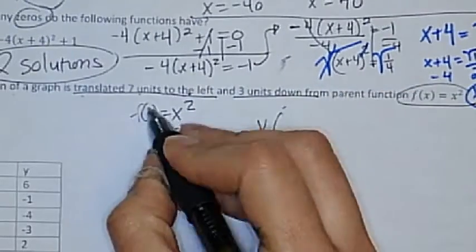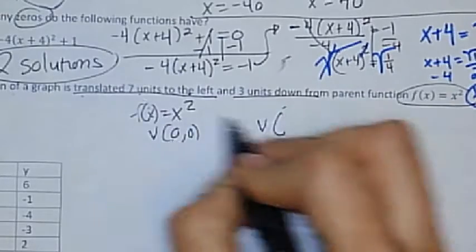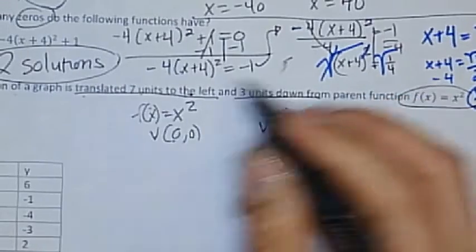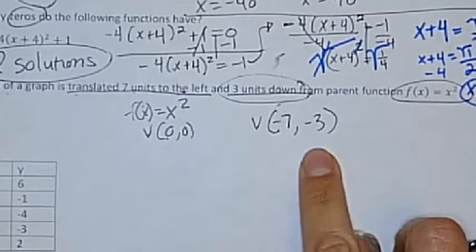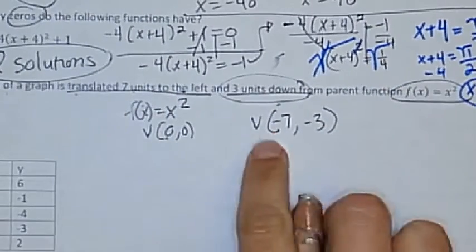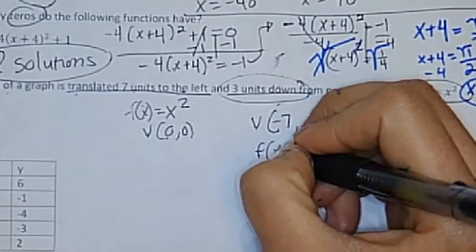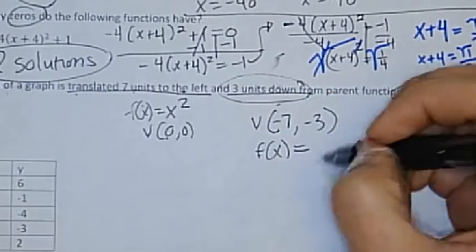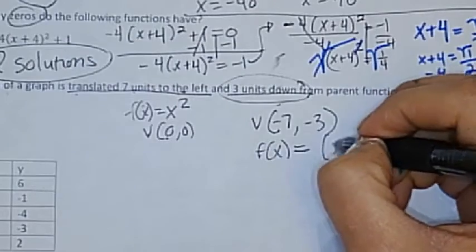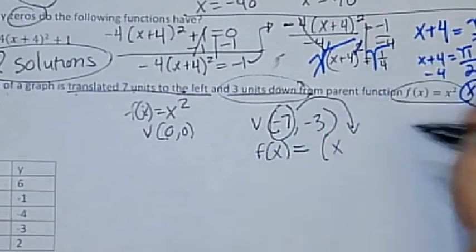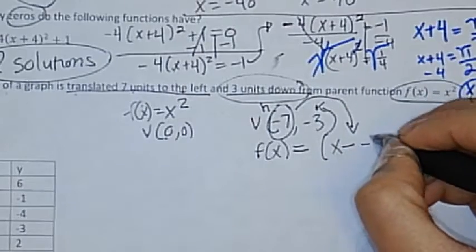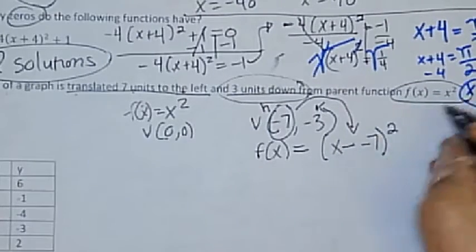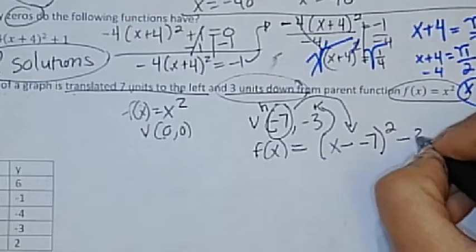The vertex here will be, if it goes from 0 to 7 to the left, it would be negative 7. And 3 units down would be negative 3, so that's a new vertex. So I have to write it with the vertex formula. And it's going to be x, that's going to be my h, and this is my k. So mine is negative 7 squared, and then my k minus 3.